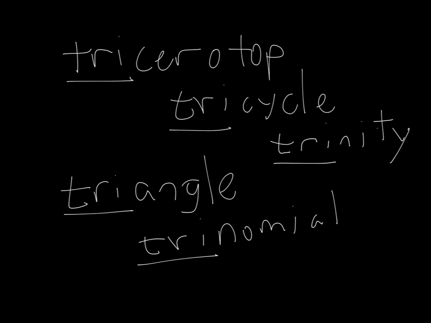Okay, after the binomial, we have something known as the trinomial. If you think about triceratops, they have 3 horns. Tricycles, they have 3 wheels. If you're religious, you may have heard of the Holy Trinity, the 3 spirits there. And a triangle is 3 angles inside of it, or 3 sides.